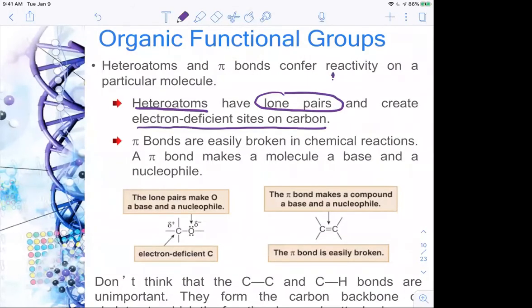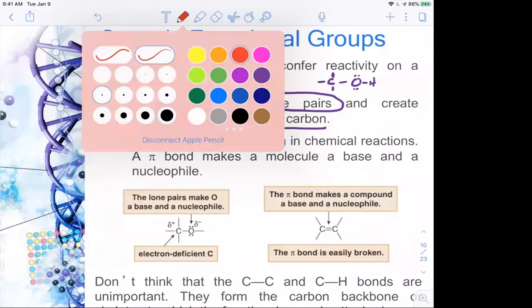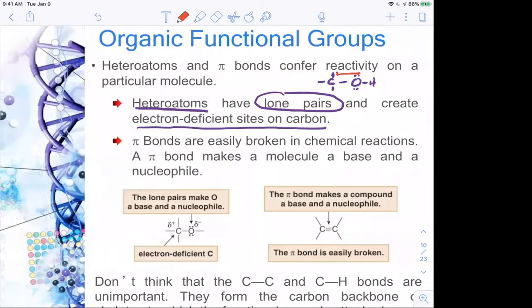If I have a carbon atom bonded to an oxygen, like in an alcohol, this bond is polar, and my electron density is pulled away from the carbon, becoming partially positive, where the oxygen becomes partially negative. So this is an electron deficient site on carbon. That is part of the reactivity of these alcohols.